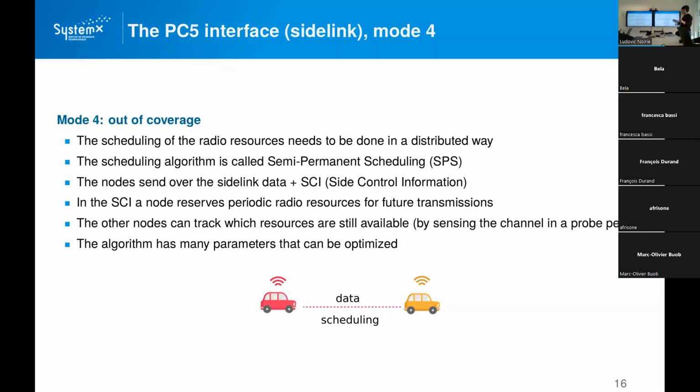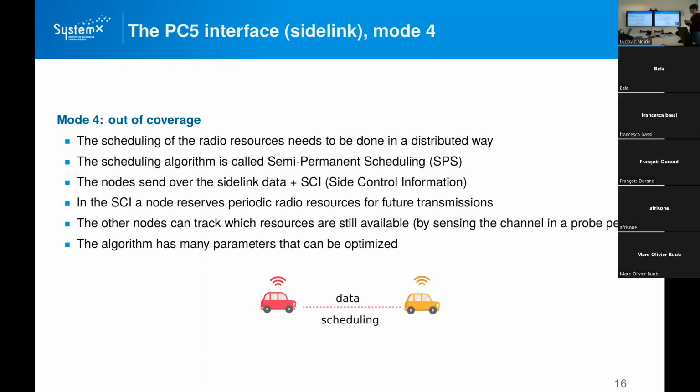There are a ton of parameters that can be optimized in this algorithm, but what matters is that it is distributed and you do scheduling with this time slotting. So of course, when you do scheduling with this time slotting, you don't have the same pattern of collisions that you have with channel contention.